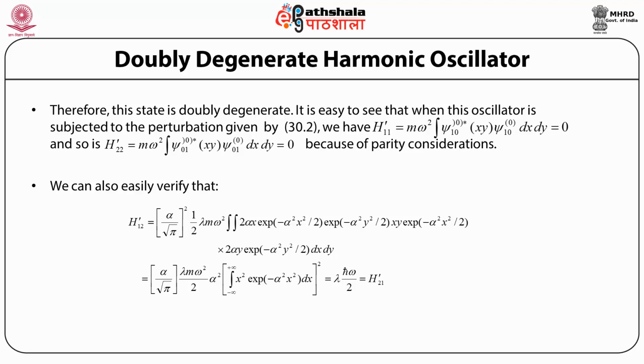This gives h12 prime equal to lambda into h bar omega by 2, which is h21 prime.